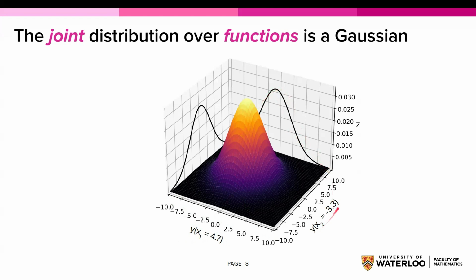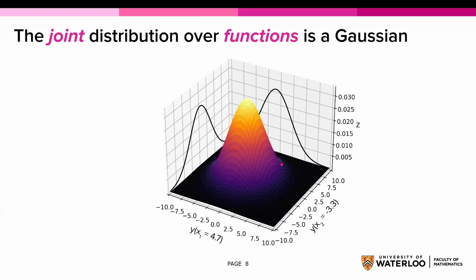And similarly, if we selected another input point, say negative 3.3, then we would be able to draw a Gaussian over function values for that input point. And so if we considered those two together, the joint distribution of these two values is also going to be Gaussian, but specifically a multivariate Gaussian now.